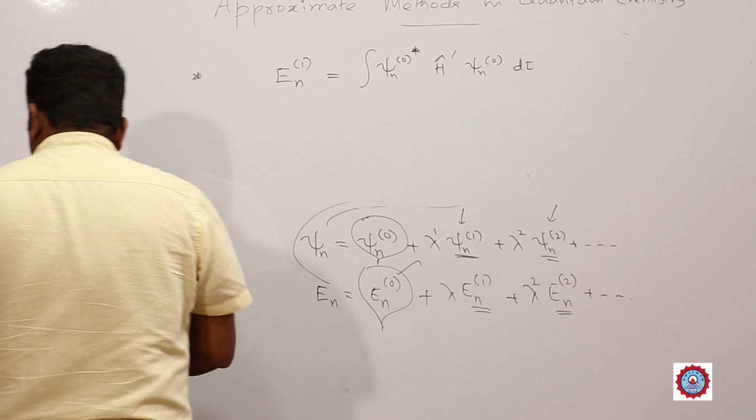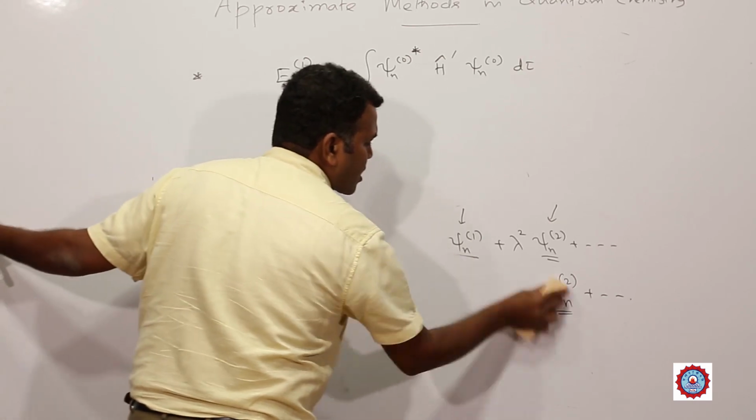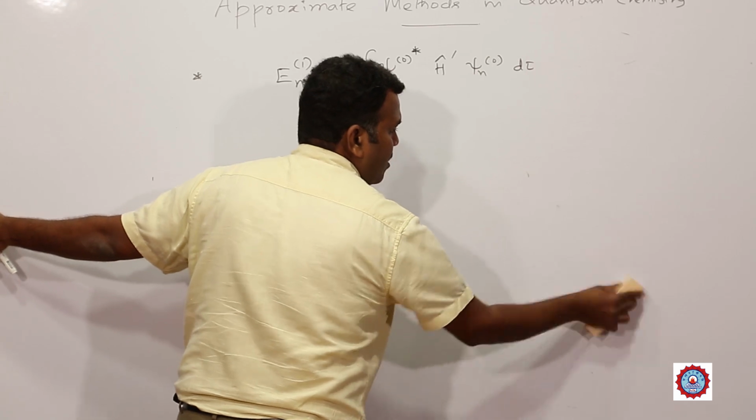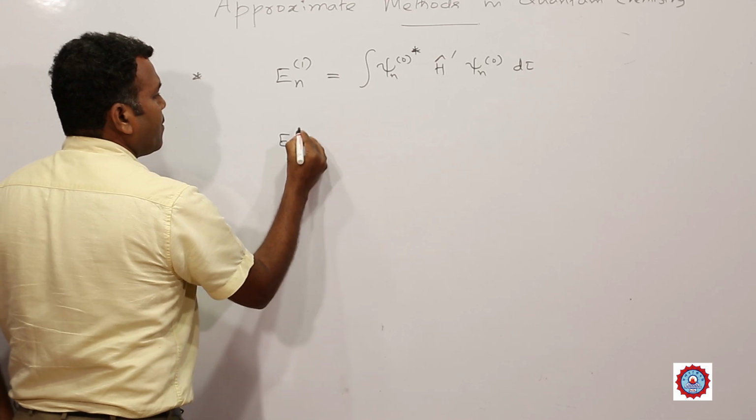In a similar manner, you can also find the second order correction to the energy of nth state, third order correction to the energy of nth state. Okay. I will write the expression for second order correction, right.